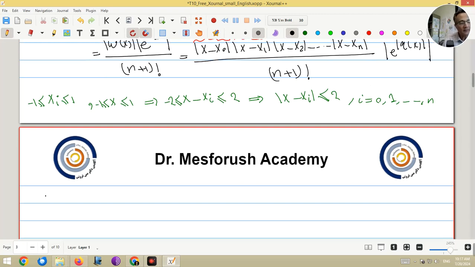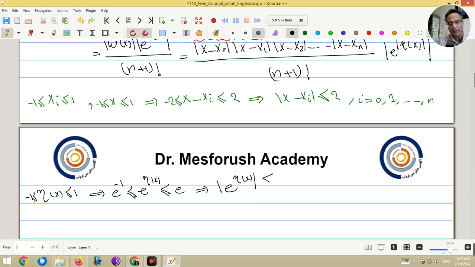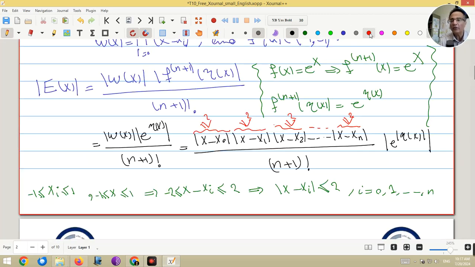Also we know that eta(x) is between -1 and 1, so it gives that e^(eta(x)) is greater than e^(-1) and less than e, so the absolute value of e^(eta(x)) is less than or equal to e.